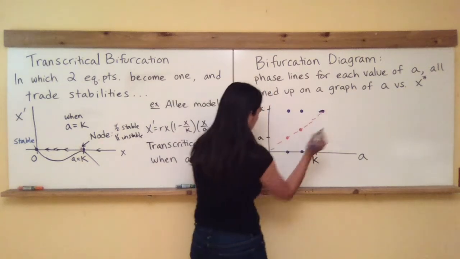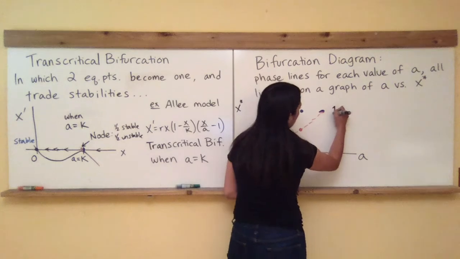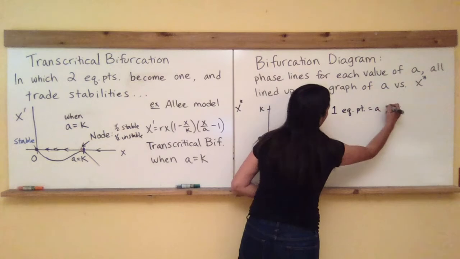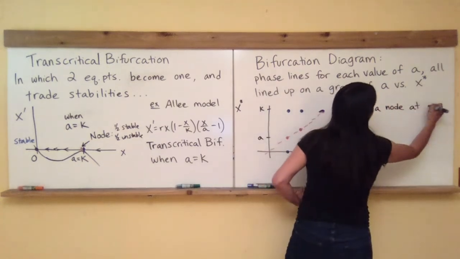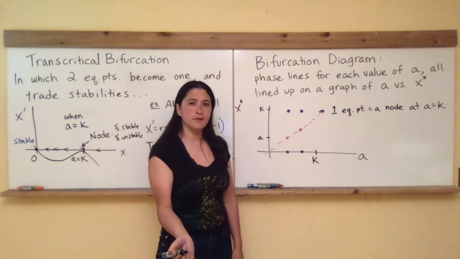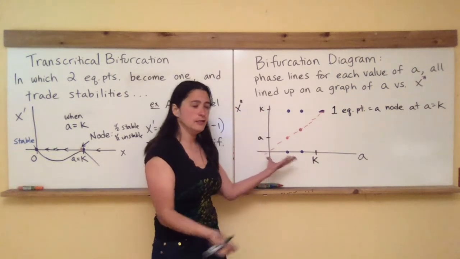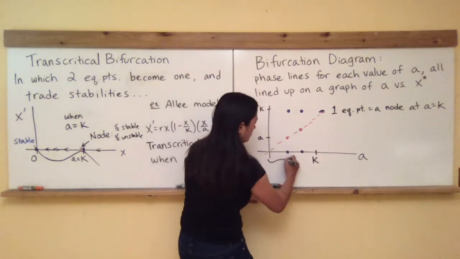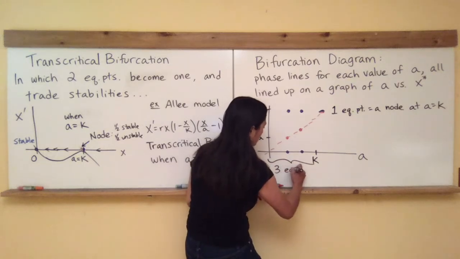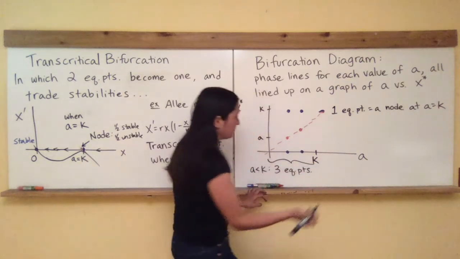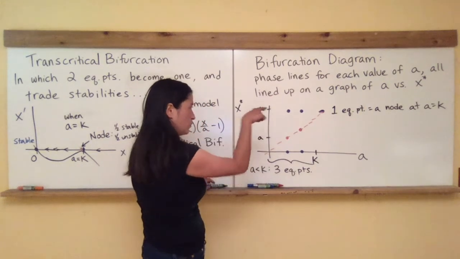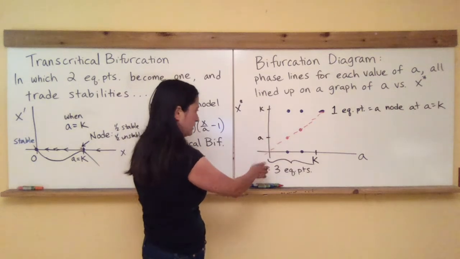This is just one fixed point right here, one equilibrium point, a node at A is equal to K. Well, that's totally different than what I had before, because I used to have 3. You see, for all of these values over here, whenever A was less than K, I had 3 equilibrium points, right? But when A is equal to K, I have that one equilibrium point there, which is half stable, half unstable.